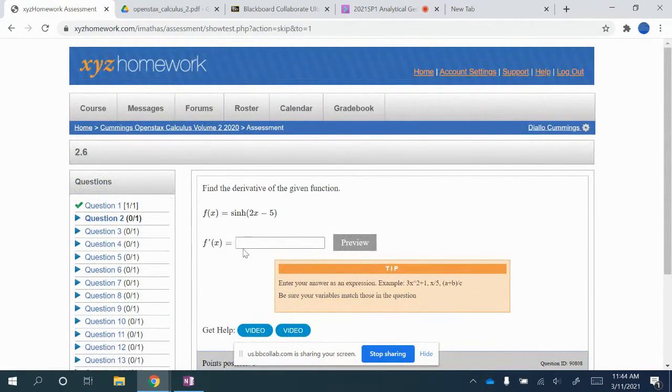Number 2 is pretty much the same, right? You're trying to find a derivative, so you would use the chain rule. Right, problem number 3. Right here again, we would use a chain rule. All right, here we have the hyperbolic tangent of 5x plus 1, and we're asked to find a derivative.